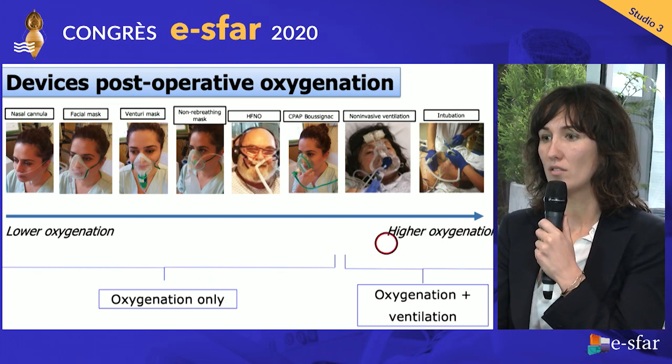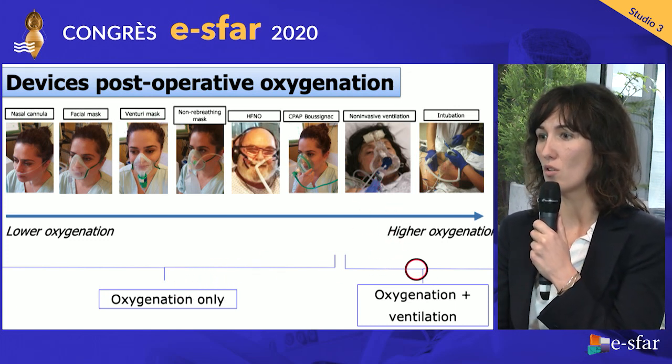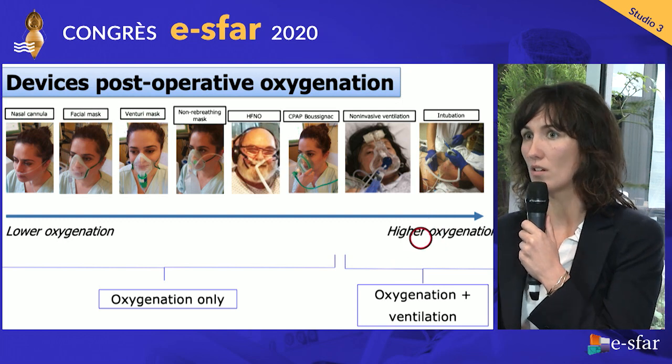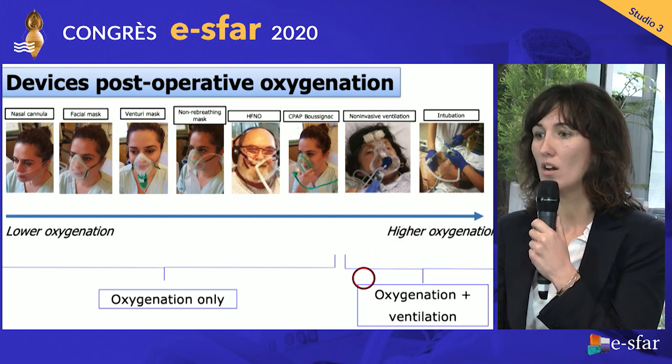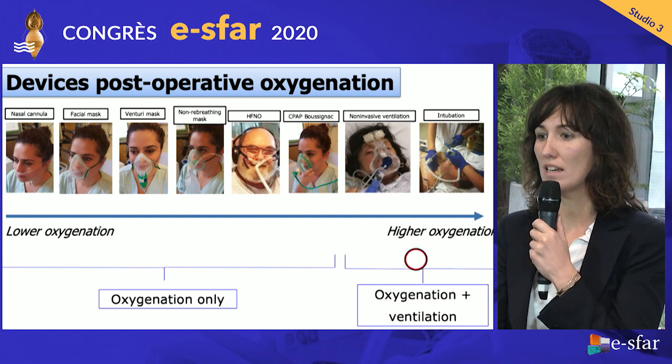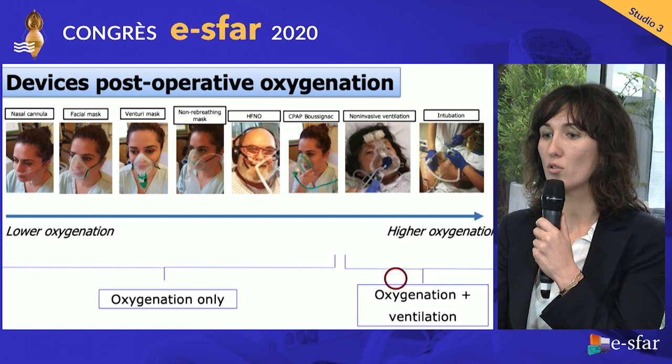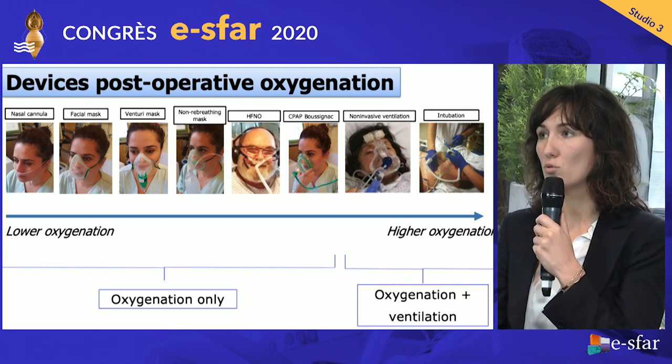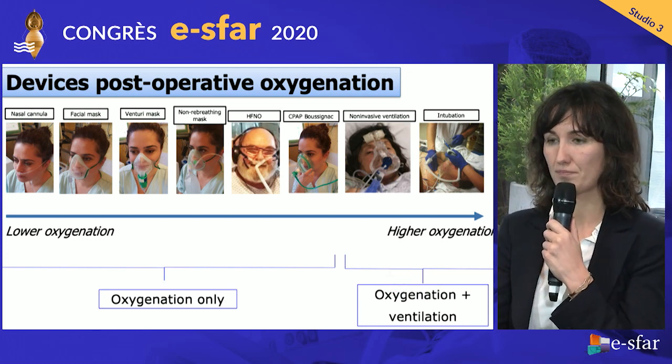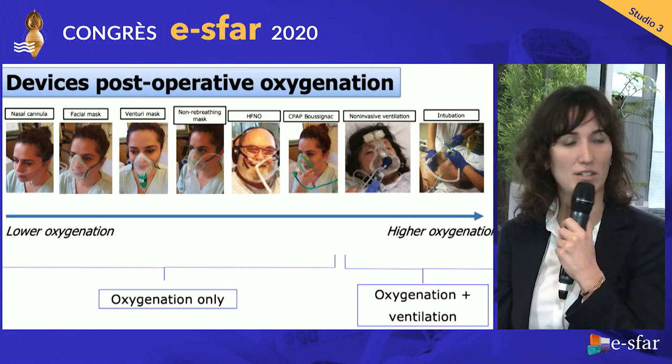And here, with non-invasive ventilation or invasive ventilation after an intubation procedure, you can provide oxygenation and also ventilation, like explained Professor Jaber, providing also ventilation to decrease PCO2. So thank you, and I'm available for questions.